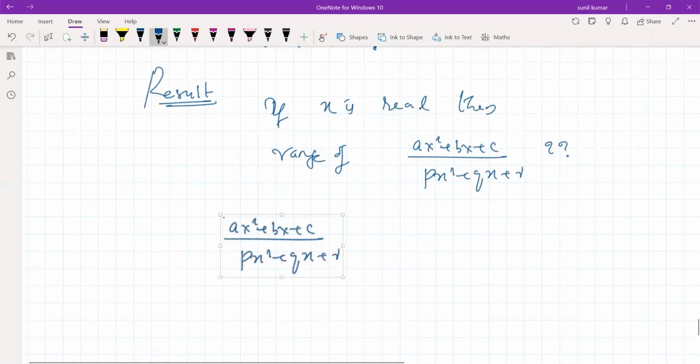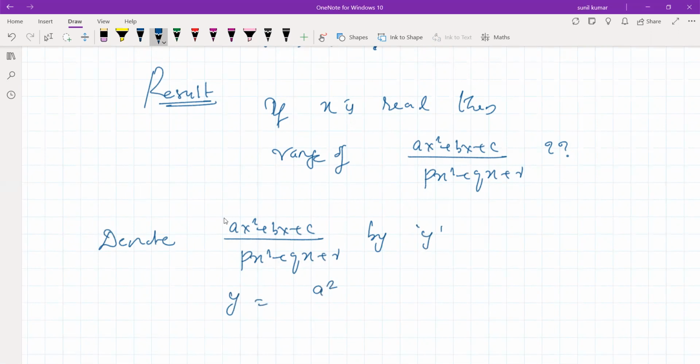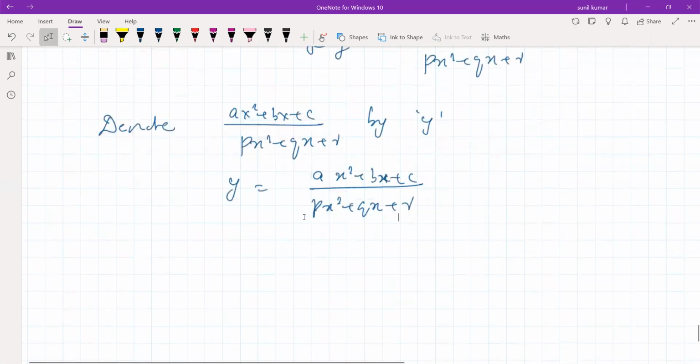Denote this by y. Now what you will get, (ax square plus bx plus c) dividing by (px square plus qx plus r). If you cross multiply, you will get it like this.